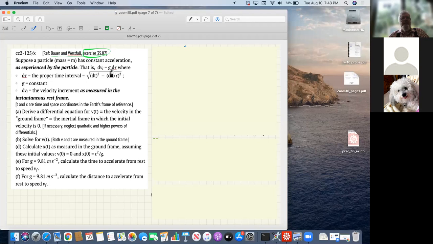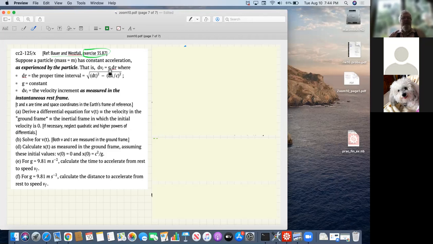So in other words, in an infinitesimal time interval d tau, that's the time as observed in the particle's frame of reference, if the change in velocity is a constant g times d tau, then we say the particle has constant acceleration g.